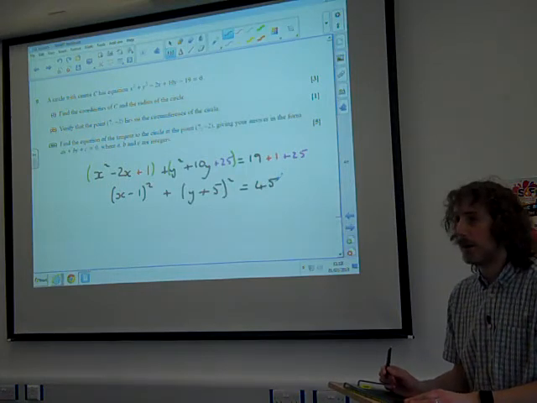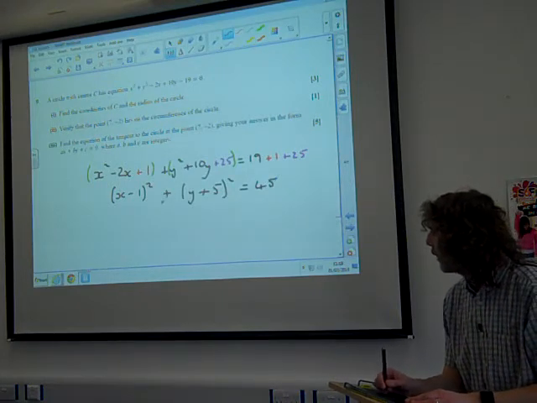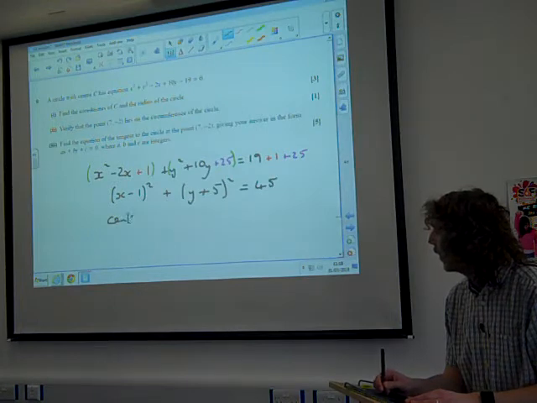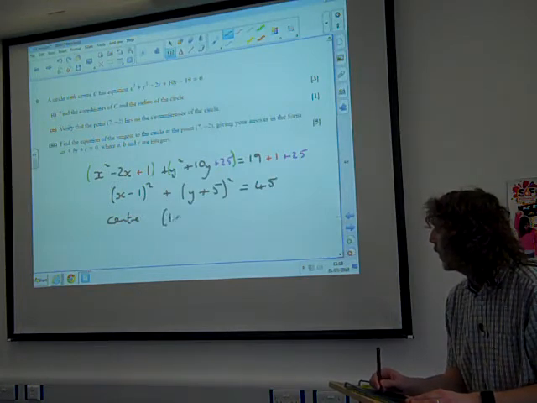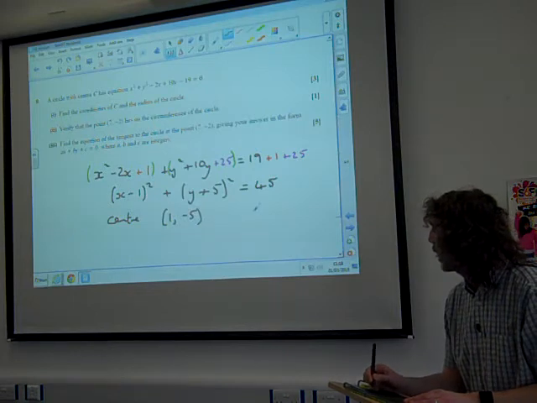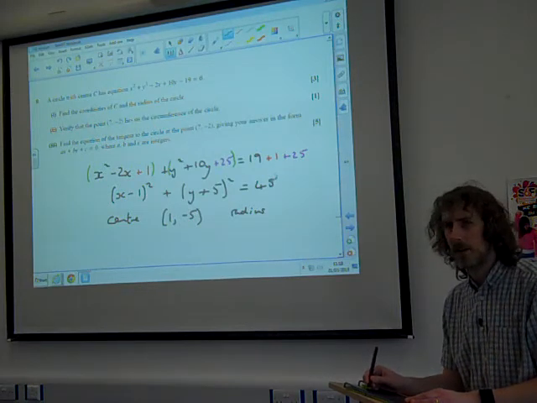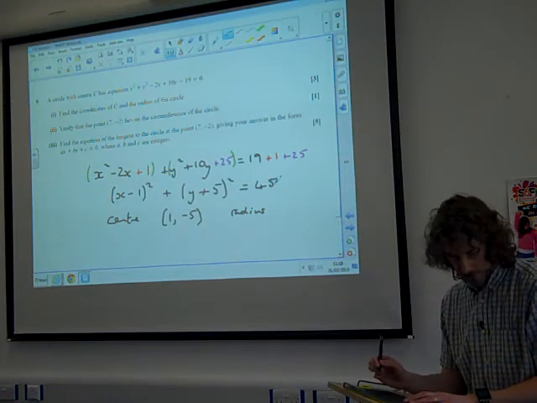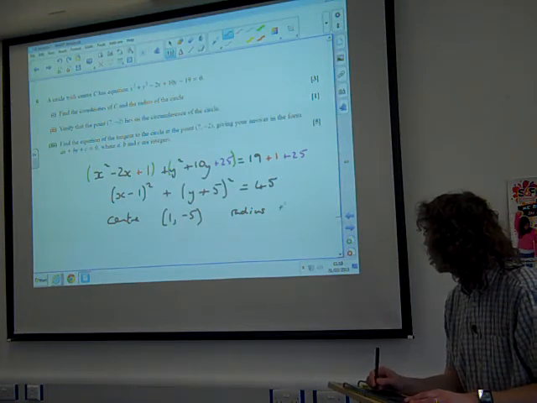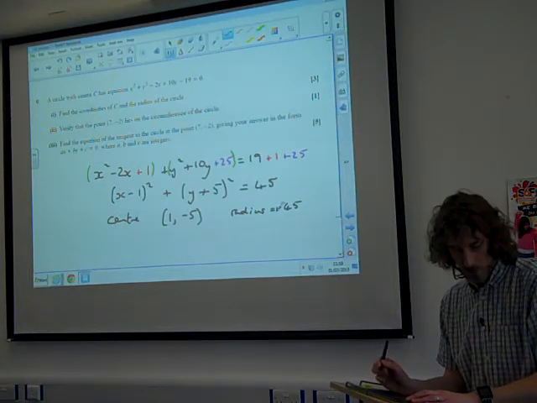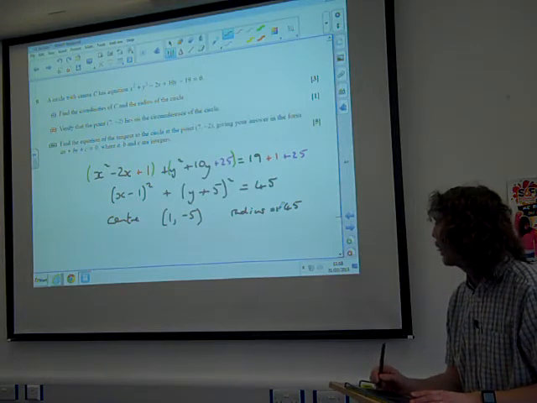And the question said, find the coordinates of the centre and the radius. So the centre is the point 1, minus 5, and the radius, well, 45 is the radius squared. So the radius is the square root of 45, which might be enough for us.